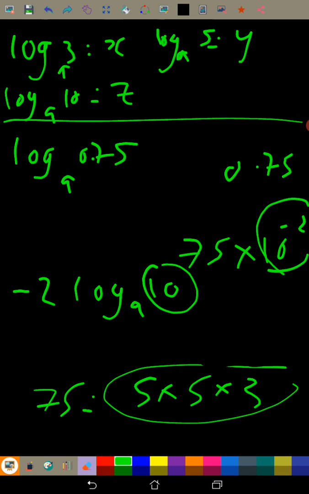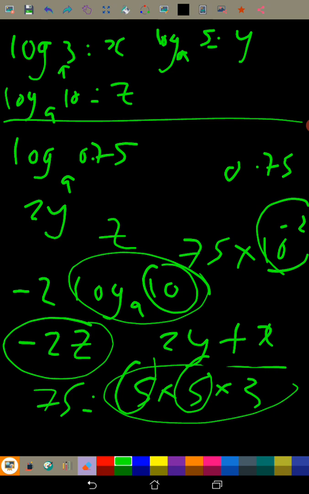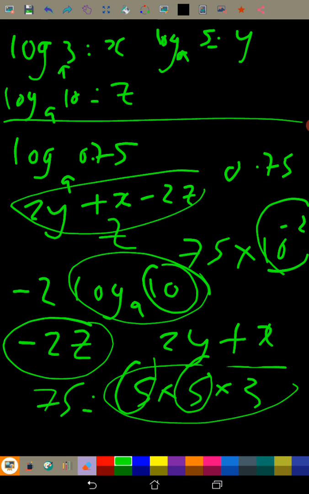So it's basically minus 2z, because this is z. So basically here we have how many 5? We have y 2 times, so we have 2y plus x minus 2z. Let me see. Yeah, the answer is right. 2y plus x minus 2z. We got it.